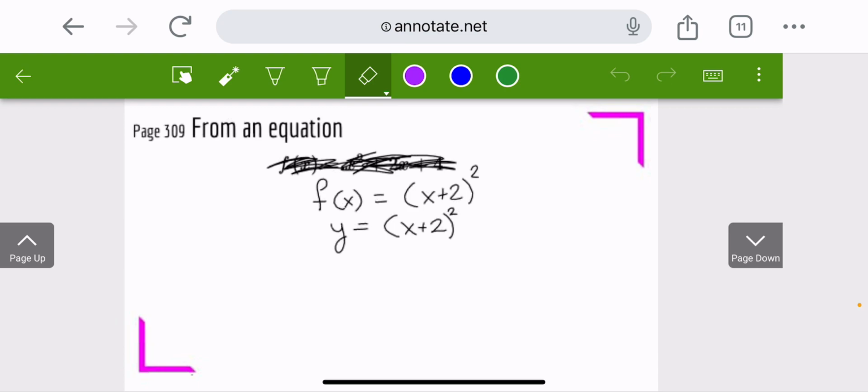Then we're going to take our x, take our y, and make them change places. So I'm going to grab my letter x. I'm going to grab my letter y. And without changing anything else, they change places. Nothing else changes. So we have x equals the quantity y plus 2 squared.